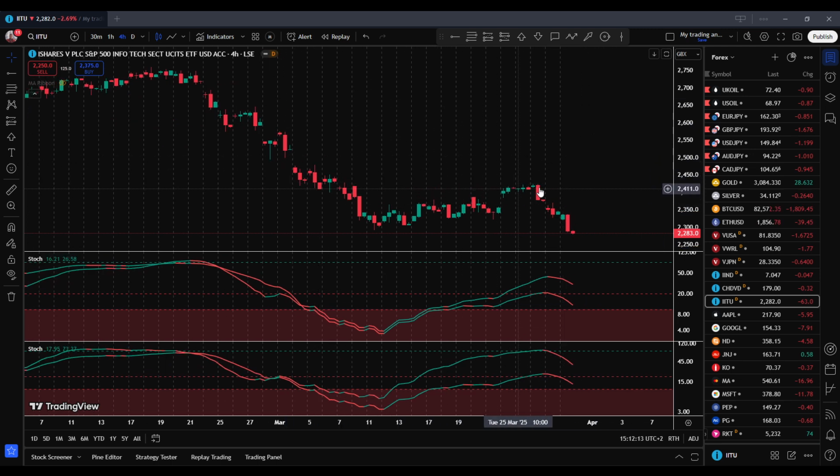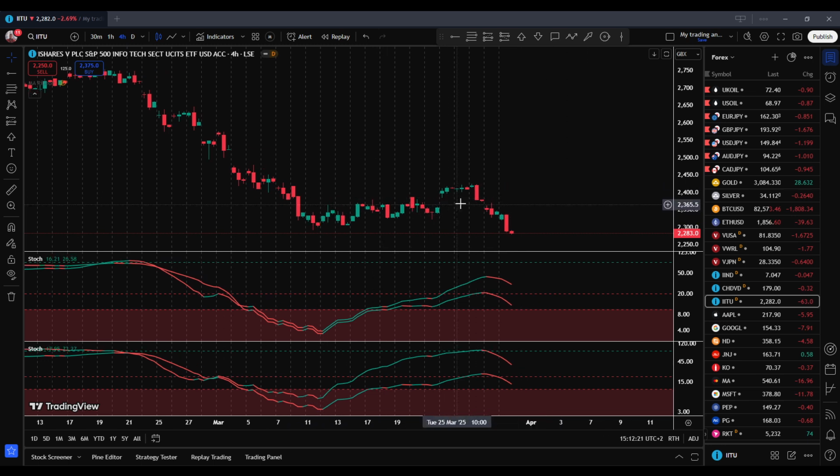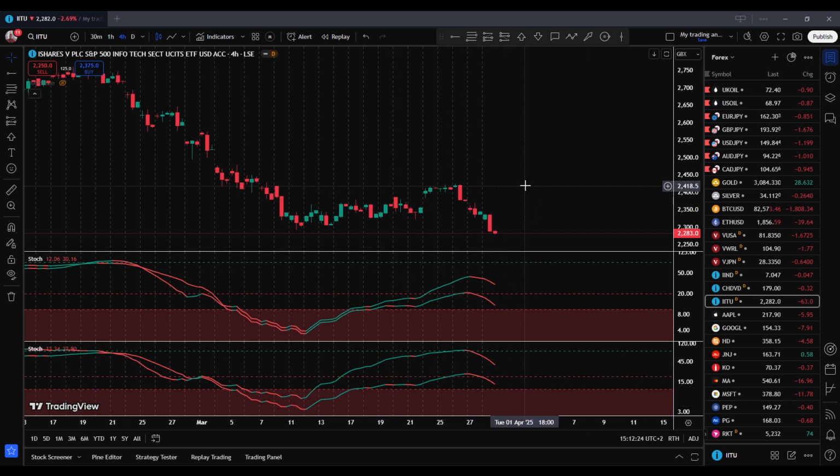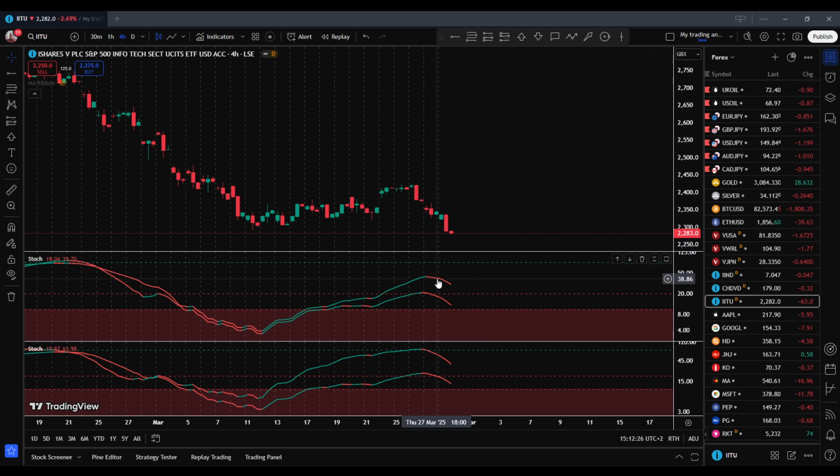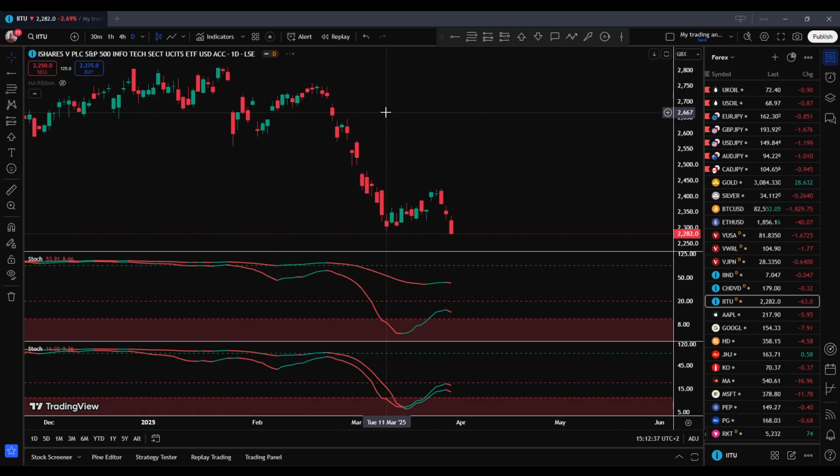At the moment price is under this signal, so it's still a good chance to invest in this ETF. But I prefer to wait again for stochastics to go in this zone and then invest again. And from the daily, nothing interesting here. All stochastics are over this oversold zone here.